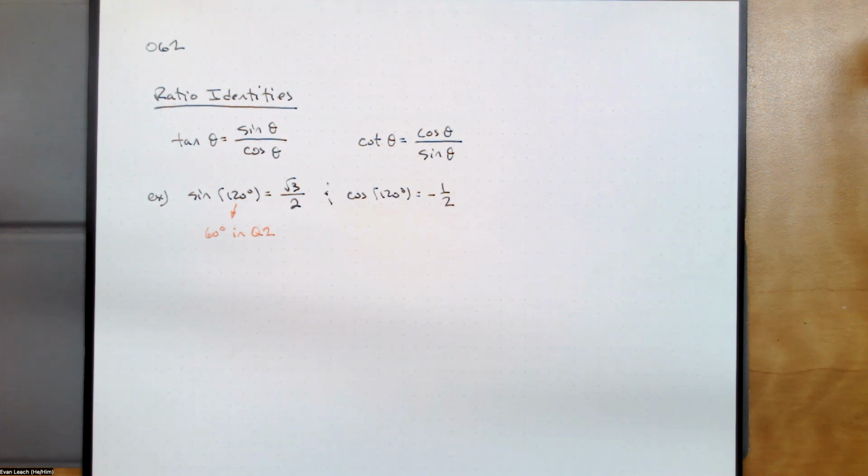So these ratio identities are going to combine with the unit circle that we have to give us the values of tangent. We just take the y coordinate divided by the x coordinate.